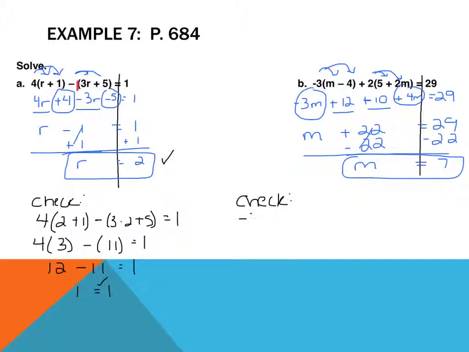So it's going to be negative 3 times 7 minus 4 plus 2 times 5 plus 2 times 7 equals 29. So parentheses first, that'll be negative 3 times 7 minus 4 is 3, plus 2 times, now inside this parentheses I have to multiply 2 times 7 first and get 14, and 14 plus 5 is 19.